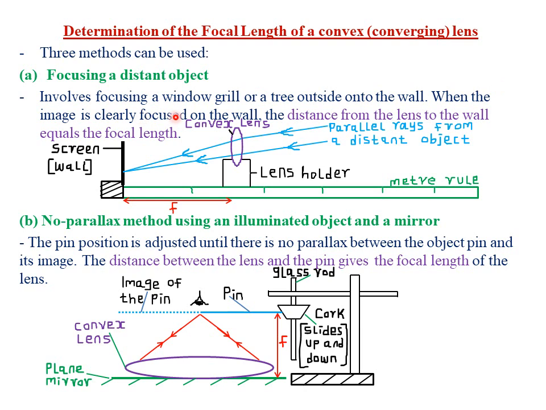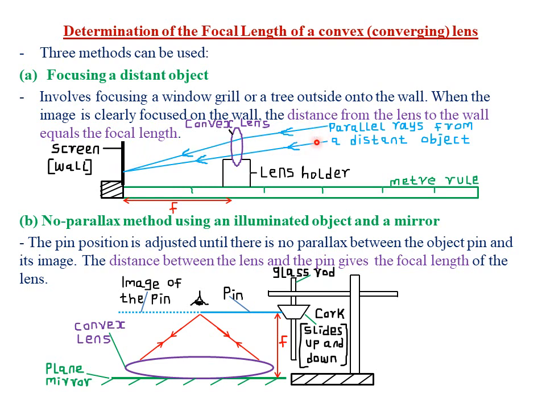When the image is clearly focused on the wall, which is our screen, then the distance from the lens to the wall will be equal to the focal length. This utilizes what we learned under reflection at curved surfaces, whereby we said that whenever you have incident rays from infinity, those rays will always be focused at the principal focus.